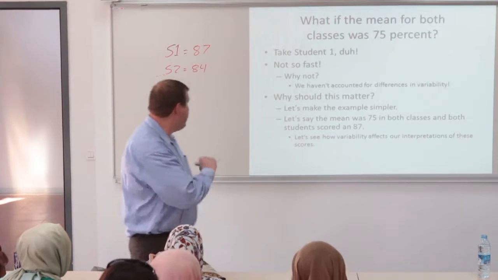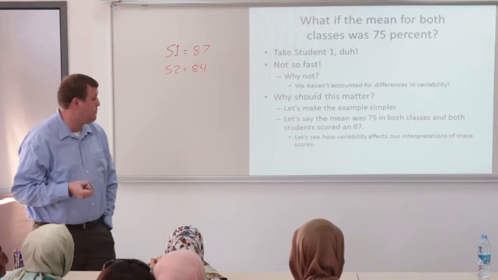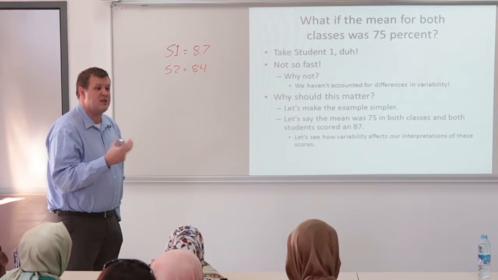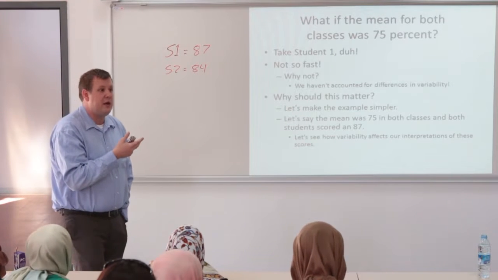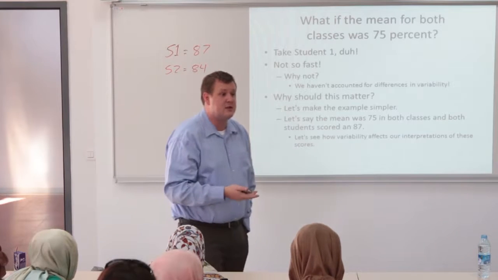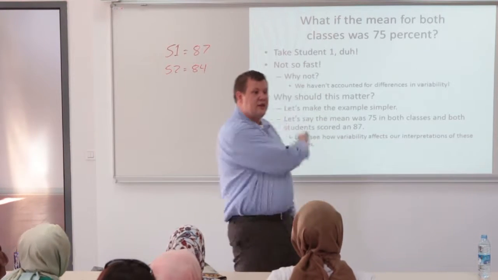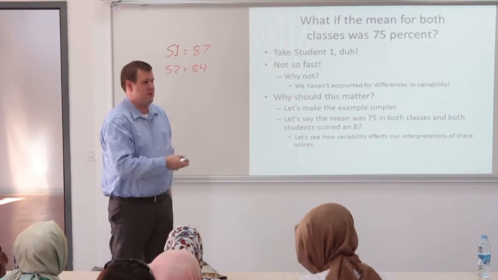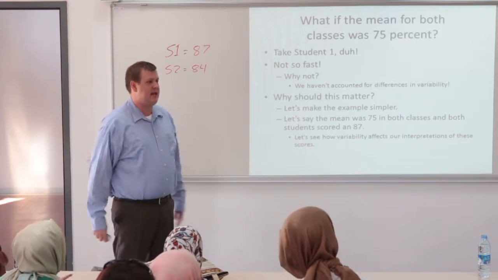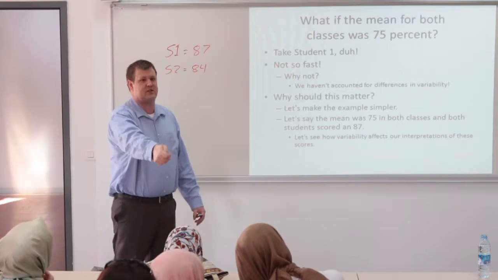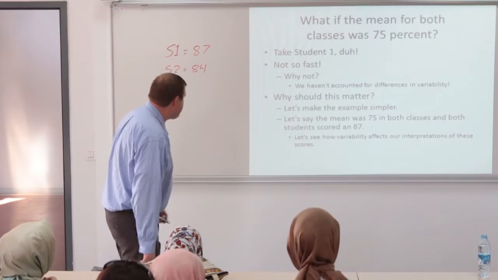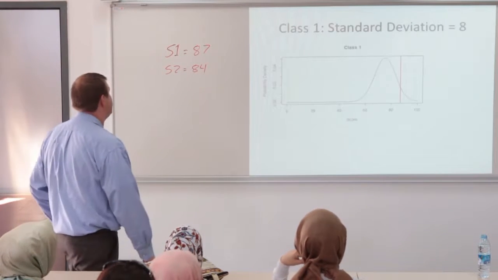Let's see how variability is going to affect our interpretations of the scores. Without taking variability into account, they look exactly the same. They're basically the same person. Let's just flip a coin, right? So let's see if variability does affect things.